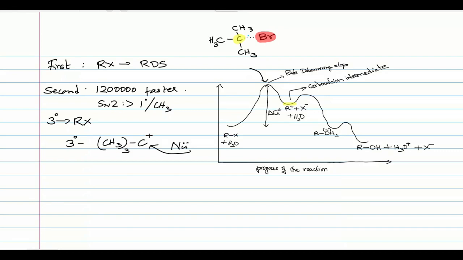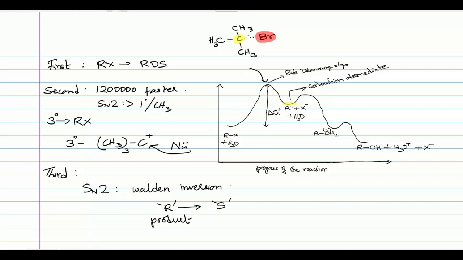And the third is that in an SN2 mechanism, we said that there is what we call a Walden inversion, which means if we start with a substrate which is in R configuration, the product would turn out to be an S configuration.